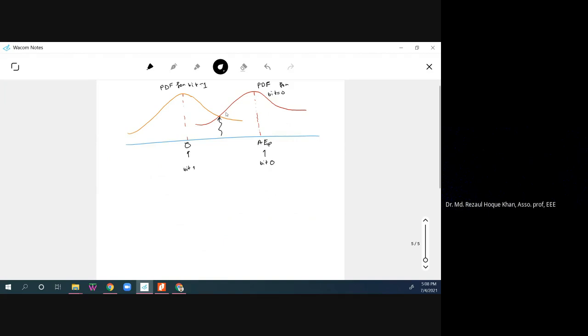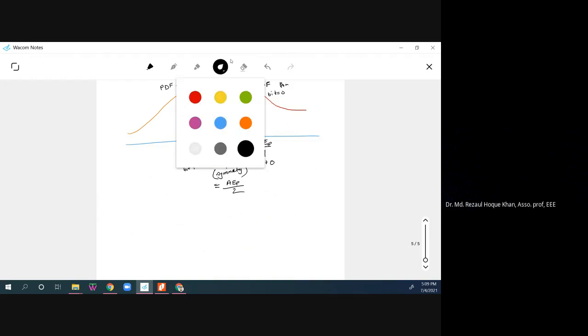This is the midpoint, or intersection, which is actually the symmetry point. The midpoint is half of the distance: here the mean value is 0, and this is the other mean value AEP, so the midpoint is AEP by 2.